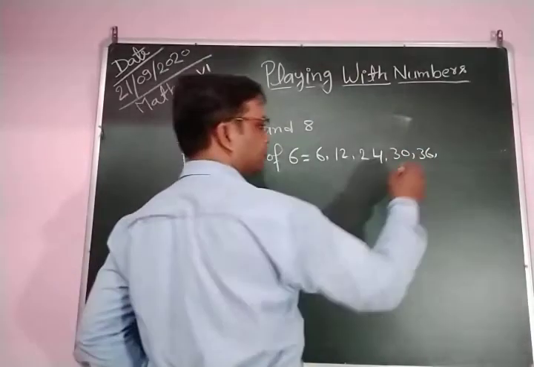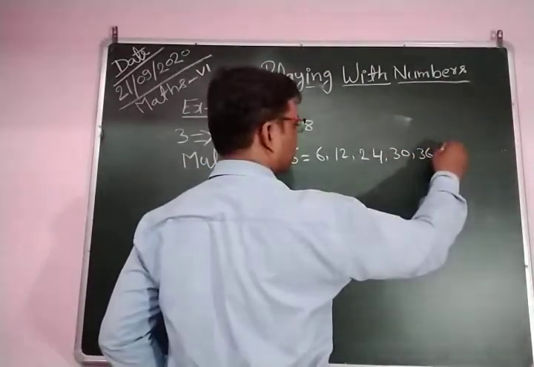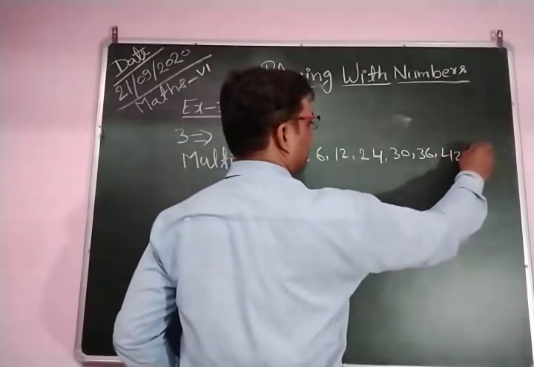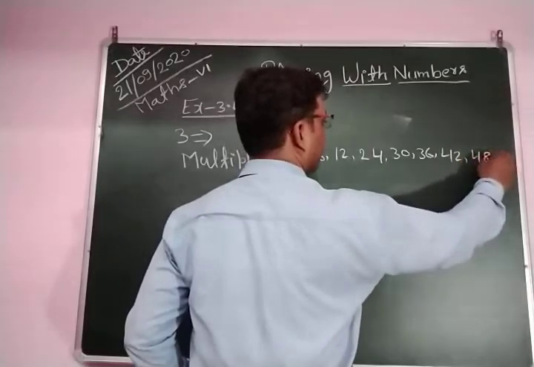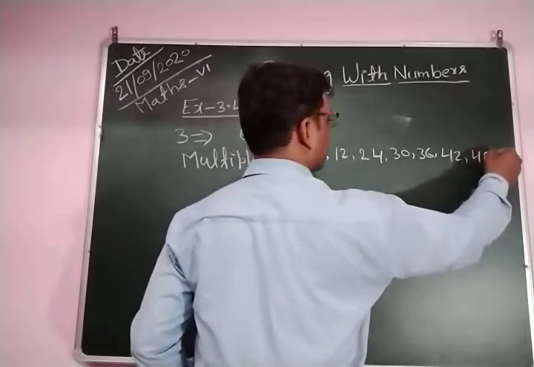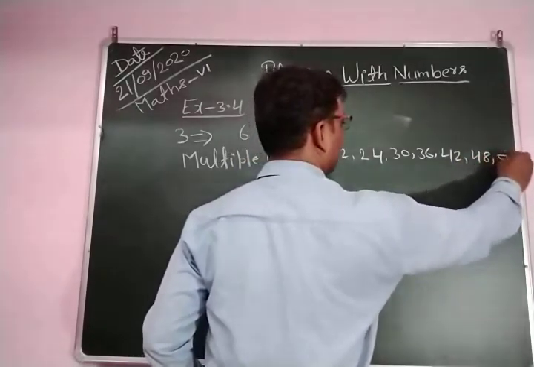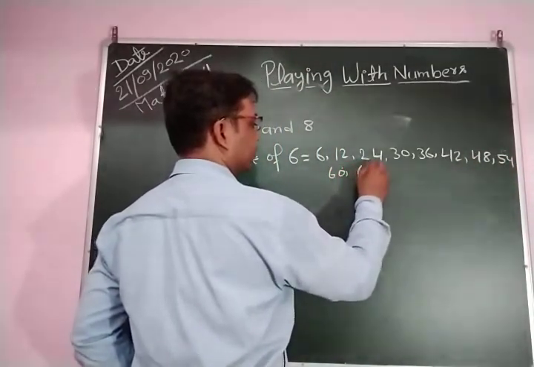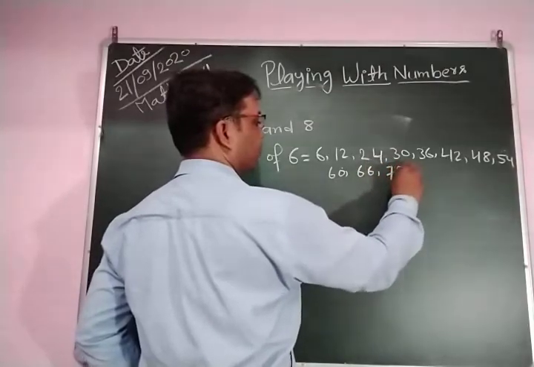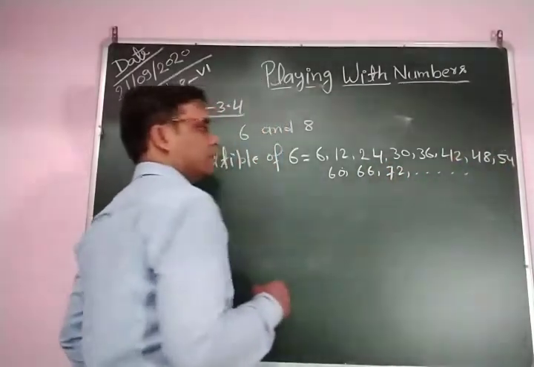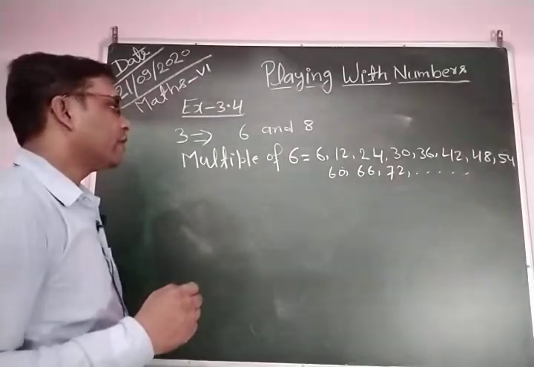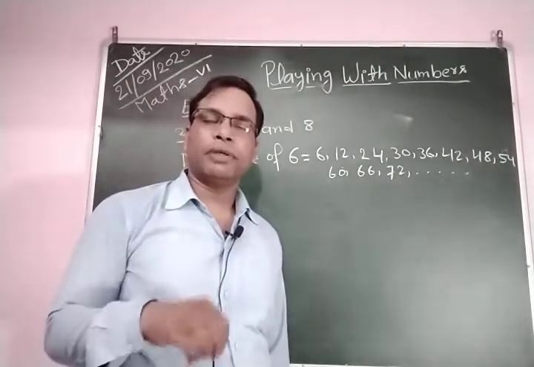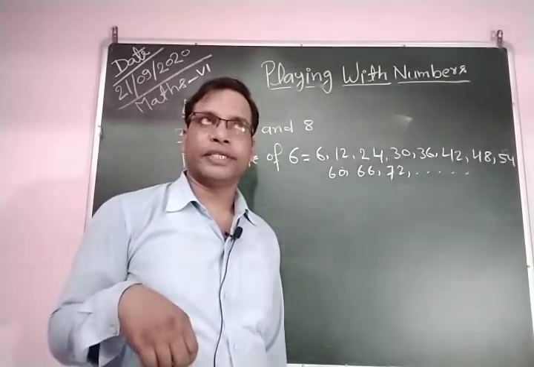42, 48, 54, 60, 66, 72 and so on. Here you need to find only the first 3 common multiples of 6 and 8.